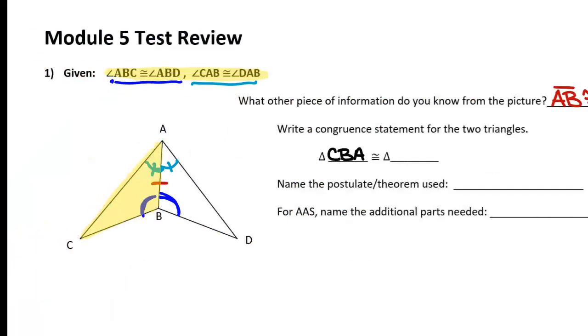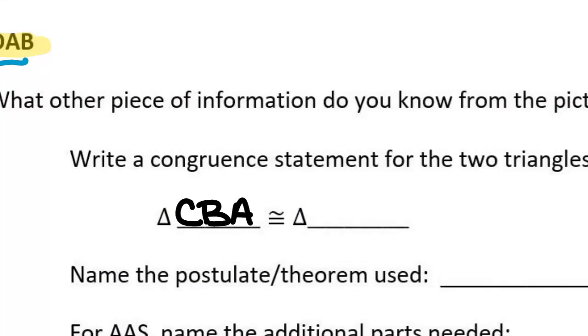But then, when we go to write the name of the second triangle, we have to make sure to match up the corresponding congruent pieces. So, angle C on the yellow triangle is the only angle that doesn't have a congruence mark on it. What does that correspond to on the other triangle? D. So I would start this with D. And then the first triangle then goes to B, which has this blue arc marking on it.